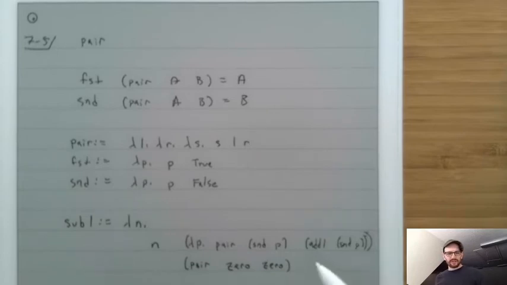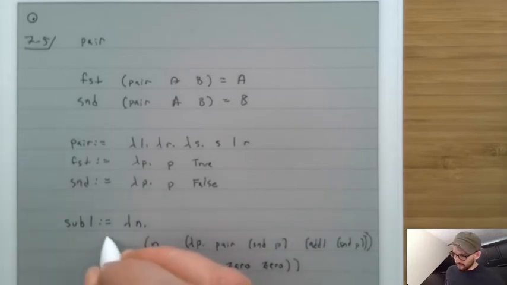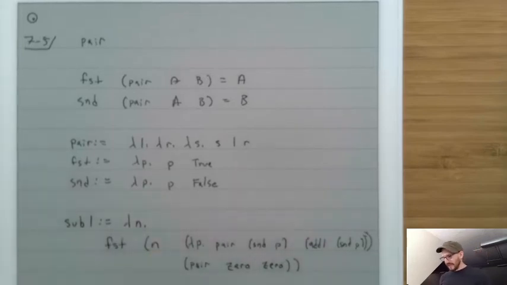What this is then going to do is it's going to make it so that at the end we're going to get a pair where the left thing, the first thing, is 1 less than the right thing. So then we'll return whatever the first thing is. And notice that because that starts off as 0, that means that if you subtract 1 from 0, you get 0, because we're not going to represent negative numbers. Alternatively, we could represent subtract 1 by making integers. But this is really subtract 1 on naturals.